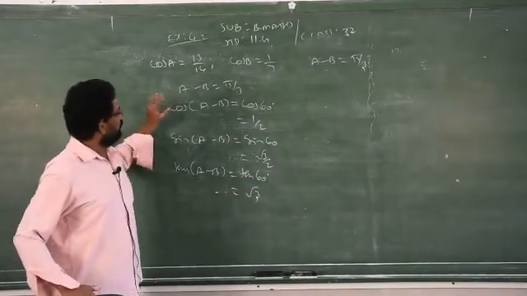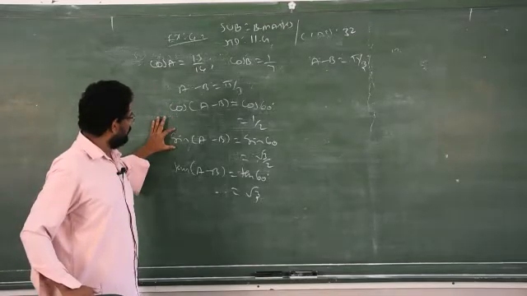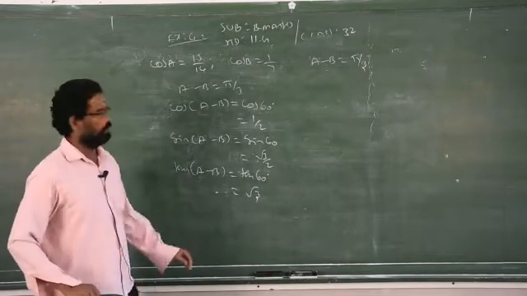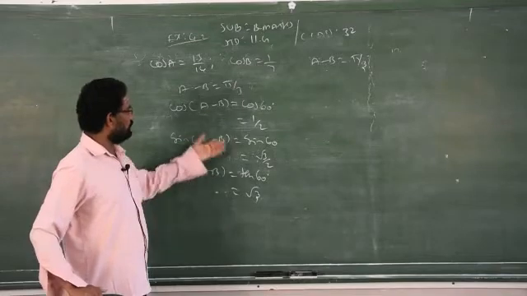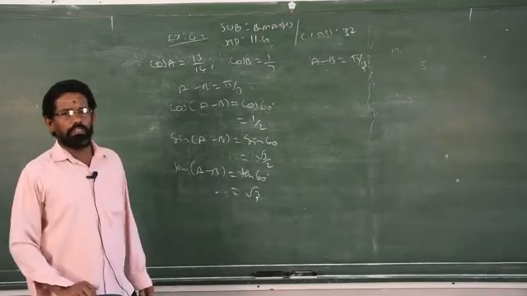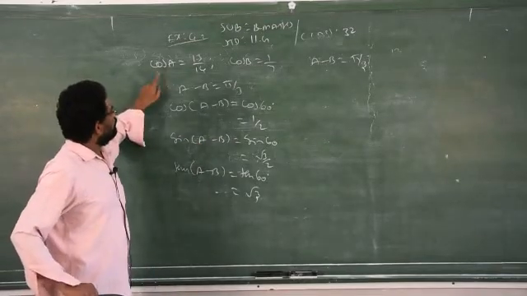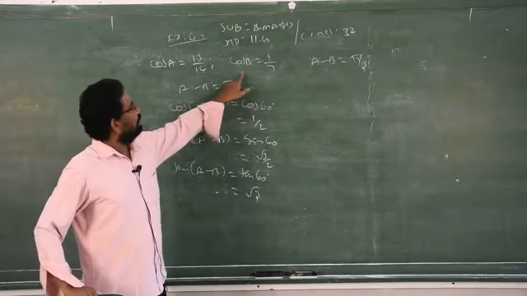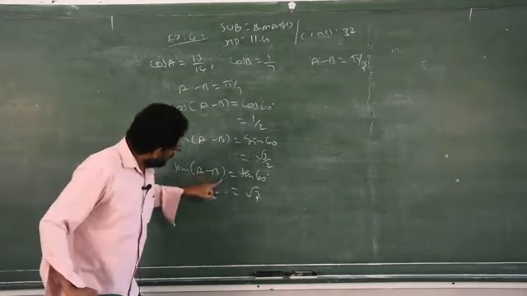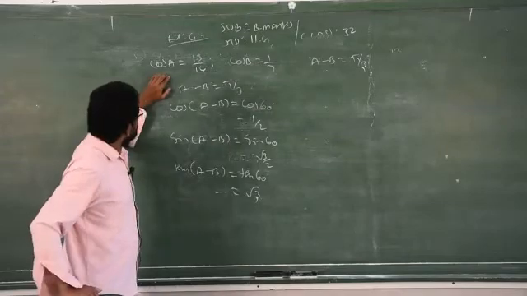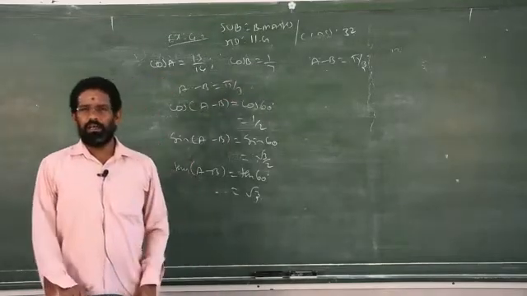You can solve the problem by using the cos A minus B, sin A minus B formula or tan A minus B formula. By using any one of these 3 combinations, you must find sin A, sin B. If you use the last formula, you have to find tan A, tan B. Are you clear now?